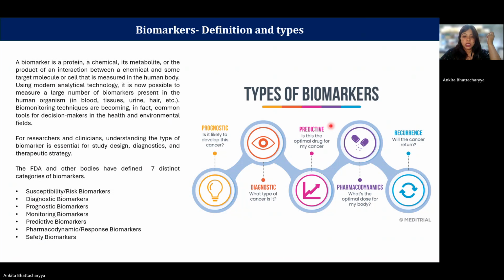Then pharmacodynamics, which is the most optimal dose for the individual that I'm treating, for an individual's body, based on some other parameters. Recurrence biomarkers sometimes can indicate whether an individual's cancer is possibly going to return because they are now suddenly expressing certain unexpected biomarkers at very high levels. So these are all of the different types.